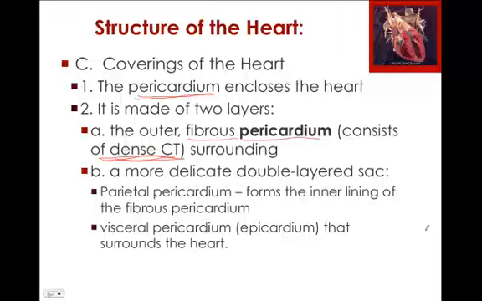And the outer layer of the sac that's closest to the fibrous pericardium is going to be the parietal pericardium. And so again, this forms the inner lining of the fibrous pericardium right up here. Okay, so you've got the fibrous pericardium on the outside, and then the parietal pericardium just on the inside. And then you'll have serous fluid in between these two layers.